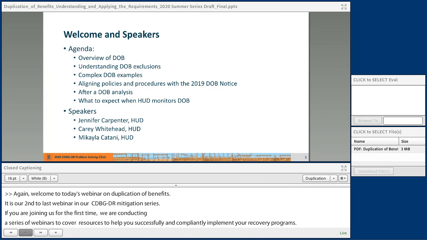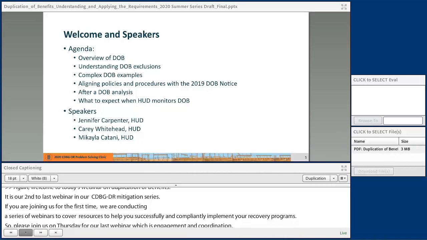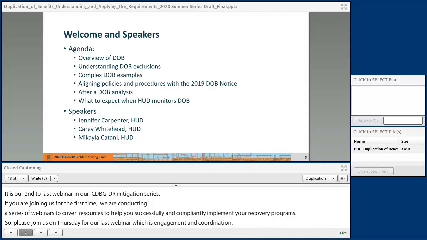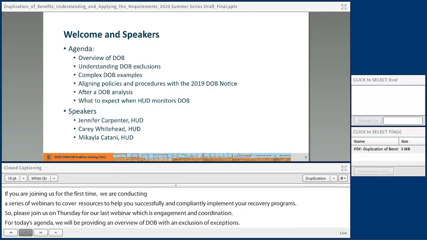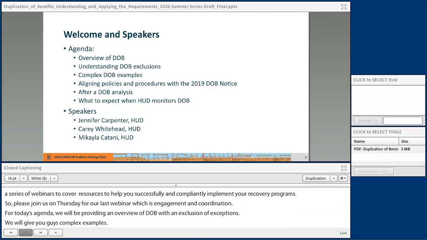For today's agenda, we will be providing an overview of DOB with an emphasis on exclusions and exceptions and giving you some complex examples. We will also walk you through the steps and considerations for aligning your DOB policies and procedures with the 2019 DOB notice in June of 2019.